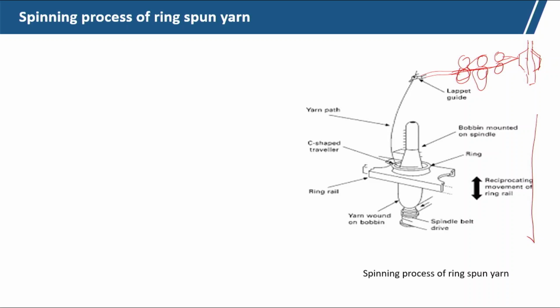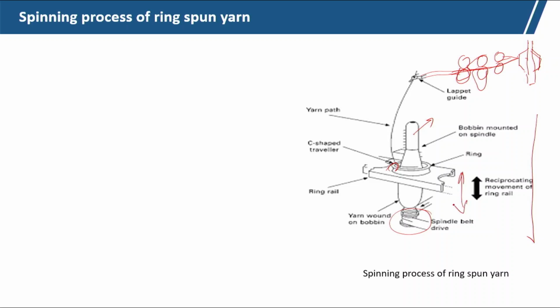This is the bobbin, fitted on a spindle. The spindle is driven by a belt, and the ring is stationary, where the traveler moves with the help of the drag, the pull of the yarn.